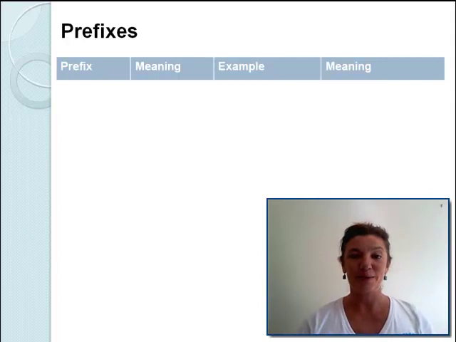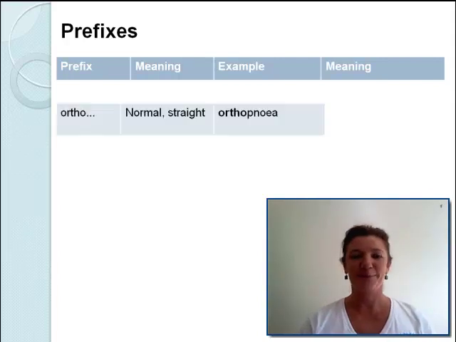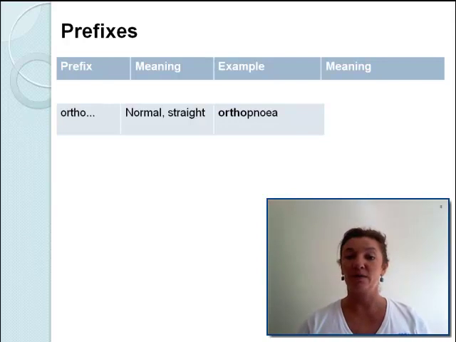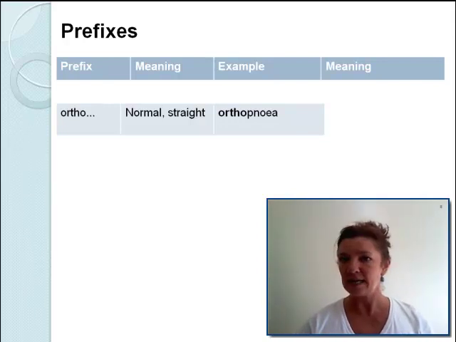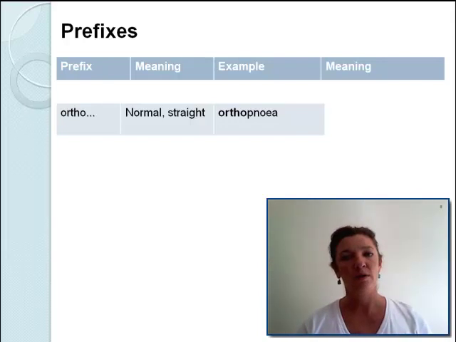Let's look at some prefixes and recap some of the prefixes we've already done. Ortho means normal or straight. Our word example here is orthopnea. So ortho is our normal and straight, and nea is our suffix meaning breathing. So you have normal, straight breathing.